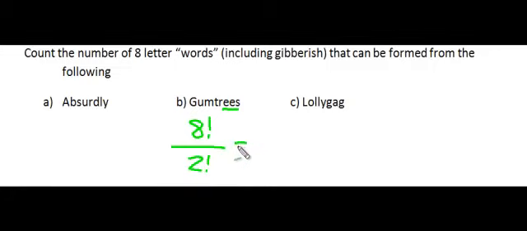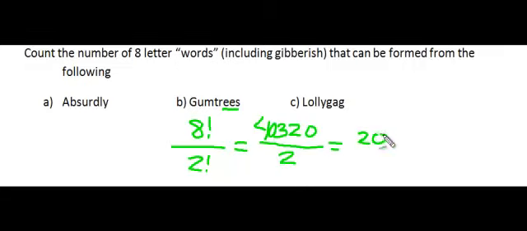There are 8 factorial divided by 2 factorial permutations of gum trees. That was 40,320 divided by 2 factorial, which is 2 times 1, or 2, which will give us 20,160 permutations of the word gum trees.